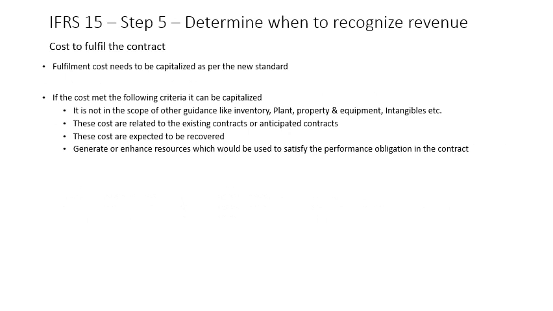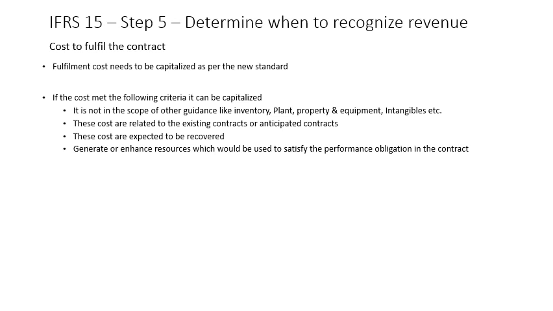Cost to fulfill the contract. There are costs incurred by the entity which are eligible to be capitalized as fulfillment cost if certain criteria are met. First criteria, it is not in scope of other guidance like inventory, plant property and equipment, intangibles, and other standards.